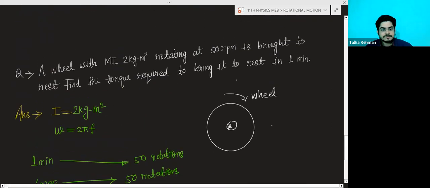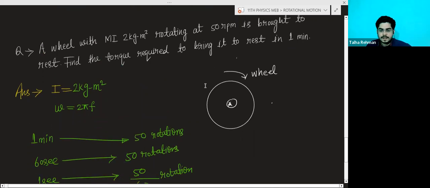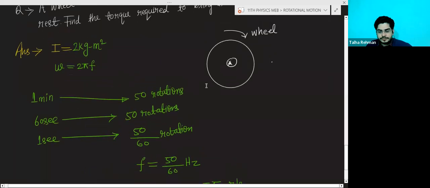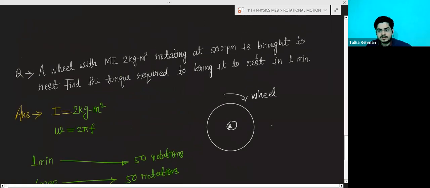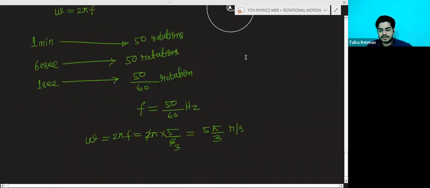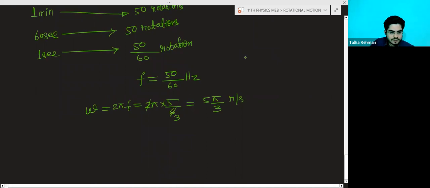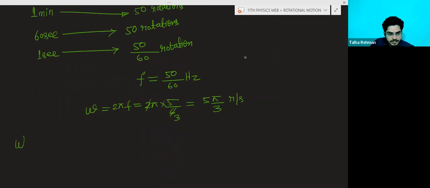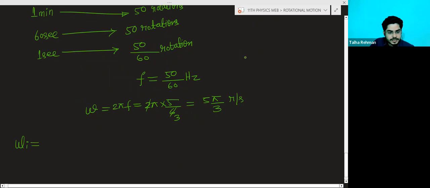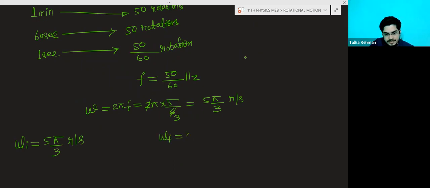After that they are saying, find the torque required to bring it to rest in 1 minute. This means that initially the wheel is rotating at 5 pi by 3 radian per second, and finally the wheel is at rest.